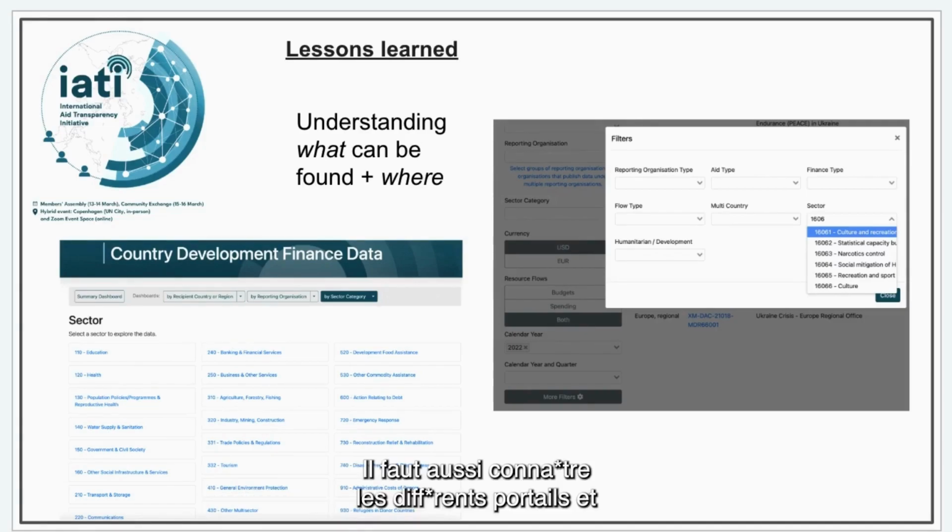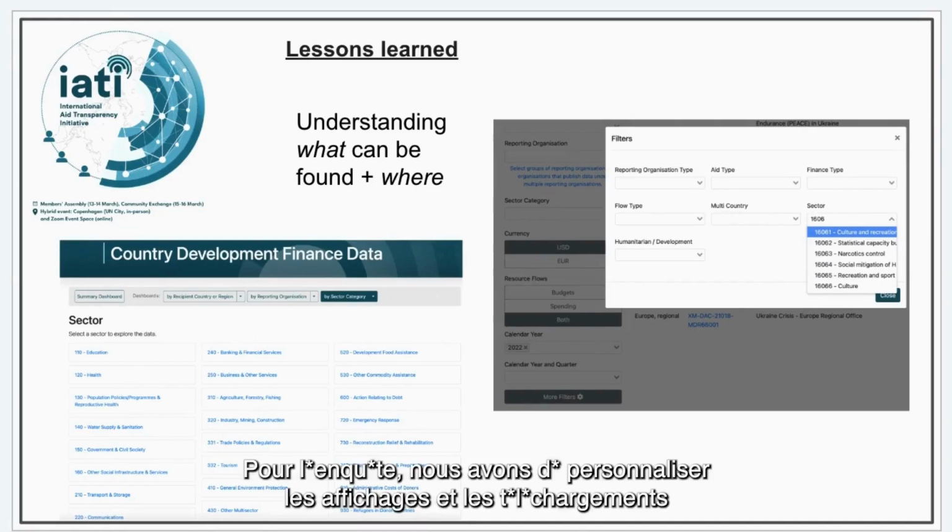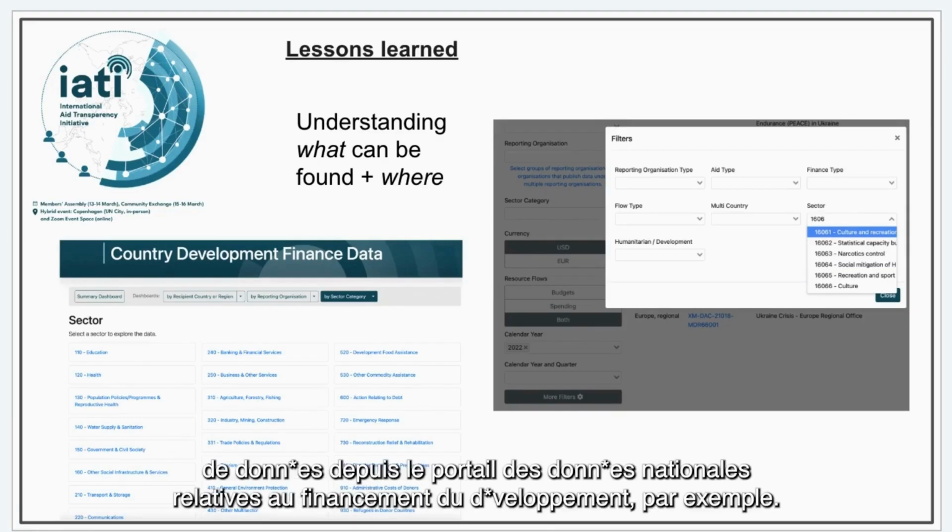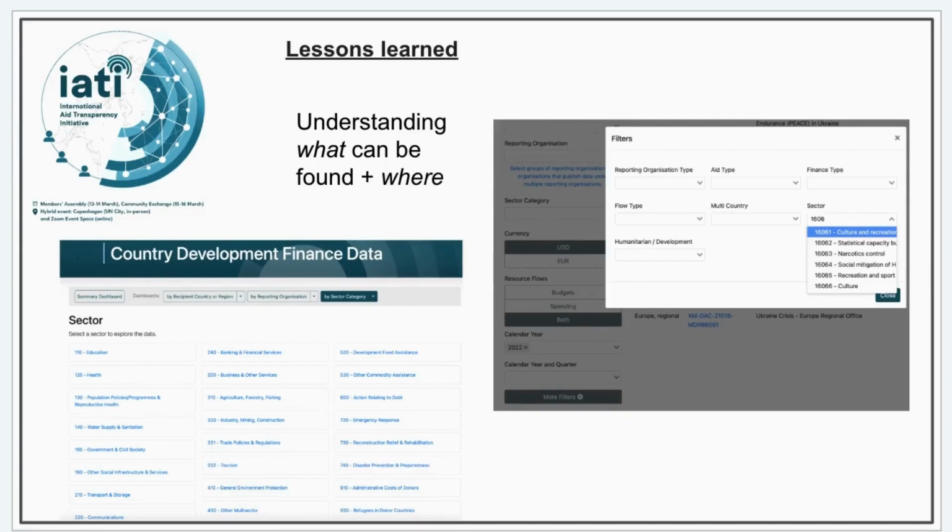It also means understanding the different portals and ways to access IATI data, for example, how to modify custom views and downloads of the data from portals like country development finance data.